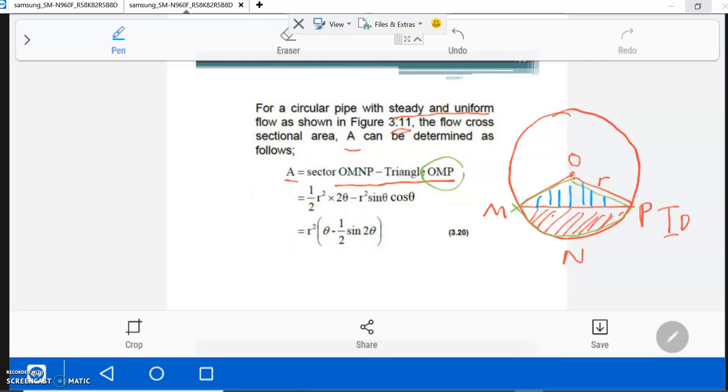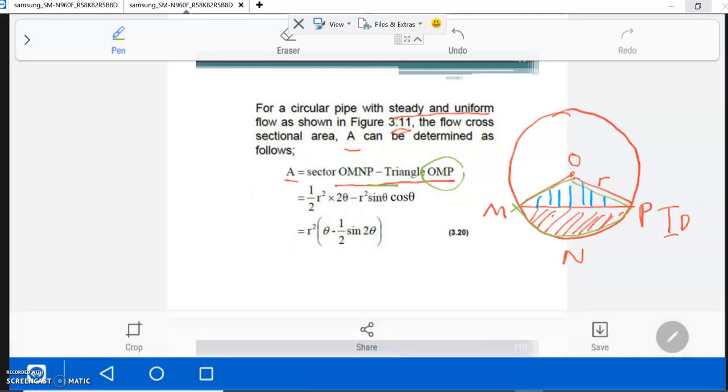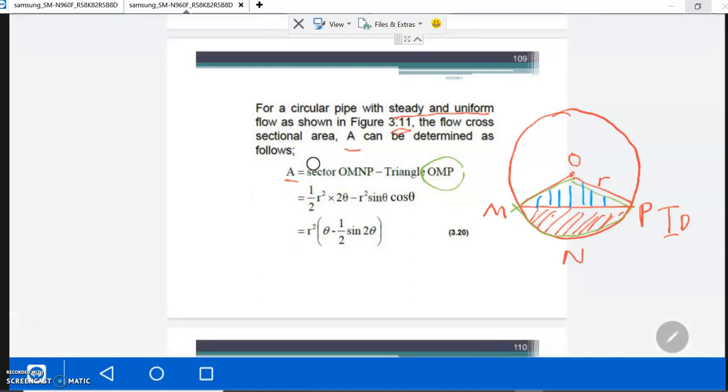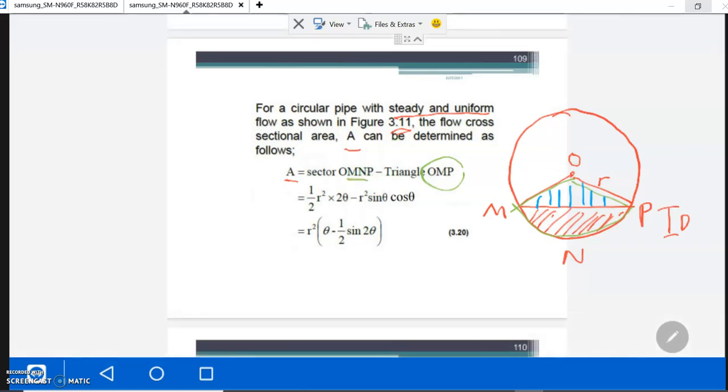So what is the formula for sector OMNP here? The green, okay? From the formula, memang dia dah ada formula untuk sector OMNP ni, yang green area ni.